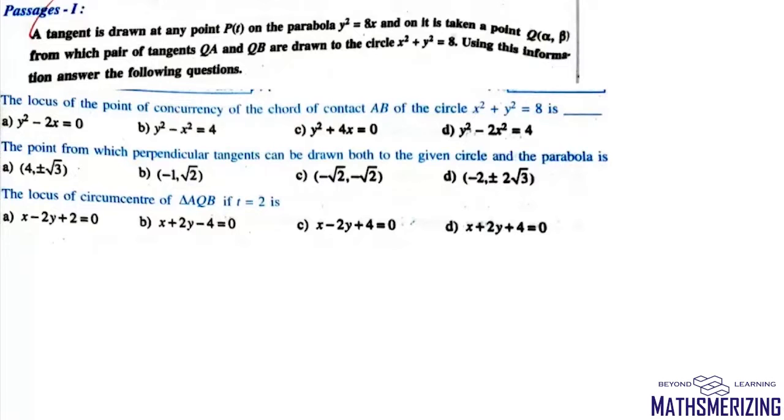Now the question is: a tangent is drawn at any point on the parabola y² equals 8x, and on it is taken a point Q from which a pair of tangents QA and QB are drawn to the circle x² plus y² equals 8. So we'll draw this figure.